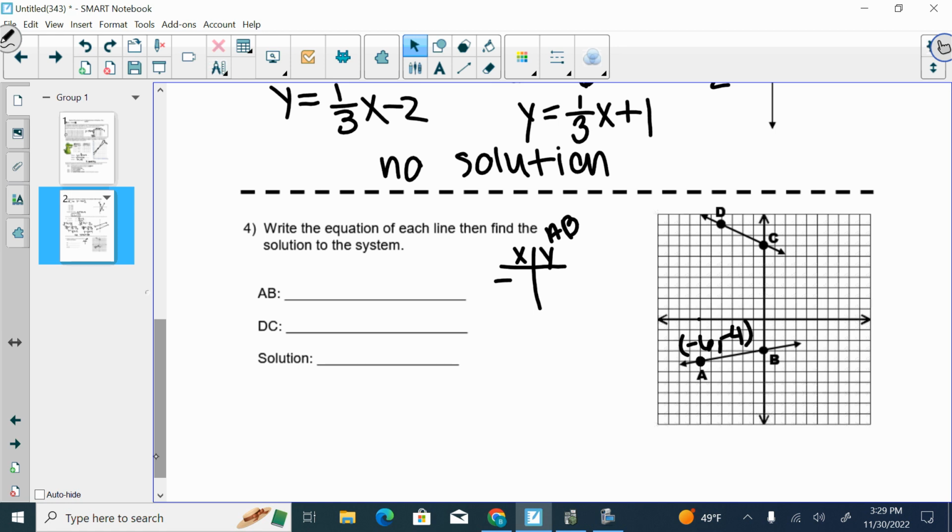So I'm going to put that in my list over here. We got -6, -4. Okay, where is point B at? -3. So do we go left or right any? No, so it's 0, -3. Okay, so I'm going to add that to the list. Okay, so that's 2 coordinates. That's enough information for me to come up with the equation for AB.